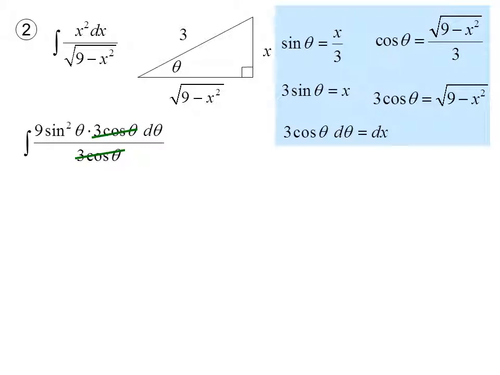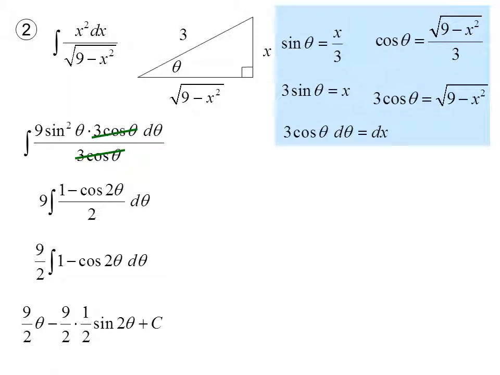We cancel a 3 cosine theta, and then we use the trig identity to rewrite the problem as 9 times the integral of 1 minus cosine 2 theta over 2 d theta, having factored the constant 9 to the outside. We can factor out the 1/2, and we get 9/2 integral of 1 minus cosine 2 theta d theta. Taking the antiderivative, we get 9/2 theta minus 9/2 times 1/2 sine 2 theta plus c.